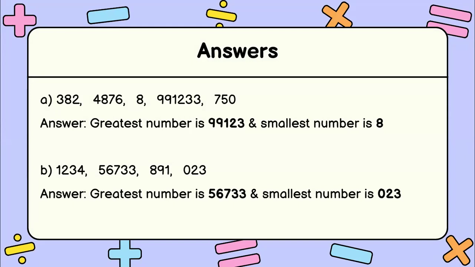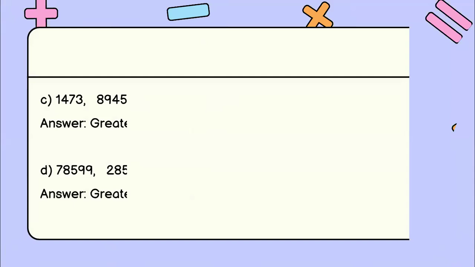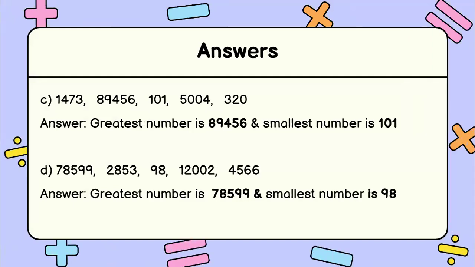So the greatest number will of course be 56,733, while the smallest number will be 23. In the C sequence, the greatest number will be 89,456 and the smallest will be 101. The D sequence, last but not least, the greatest number will be 78,599 and the smallest 98.